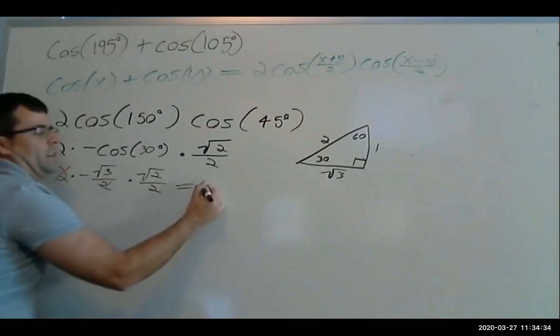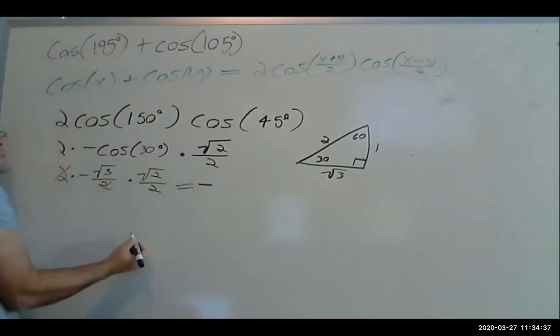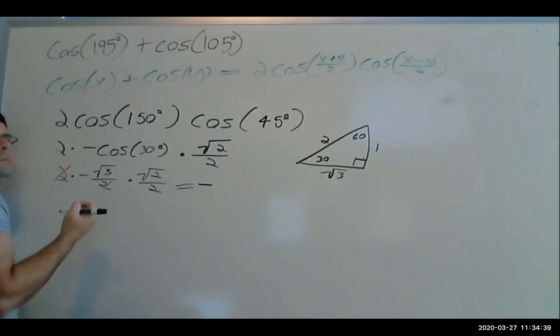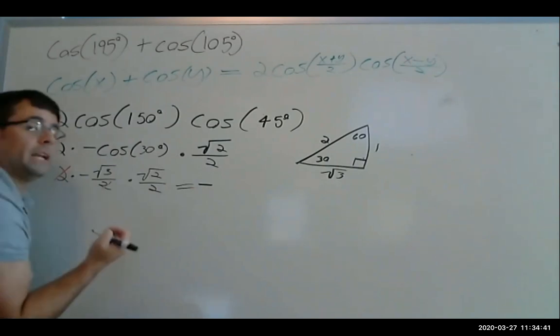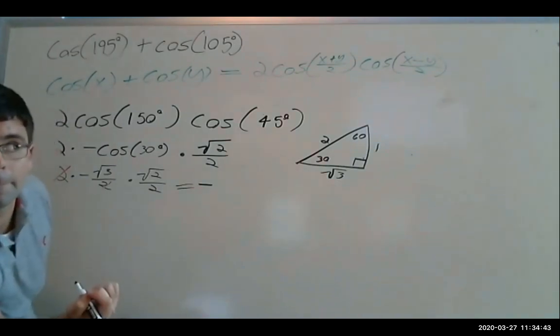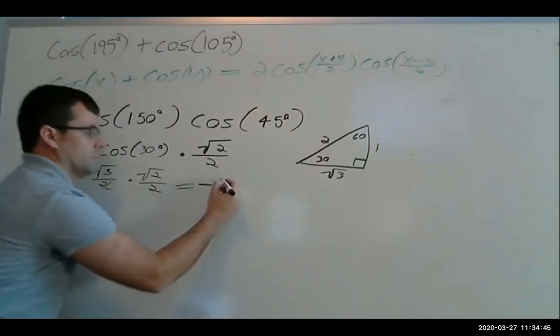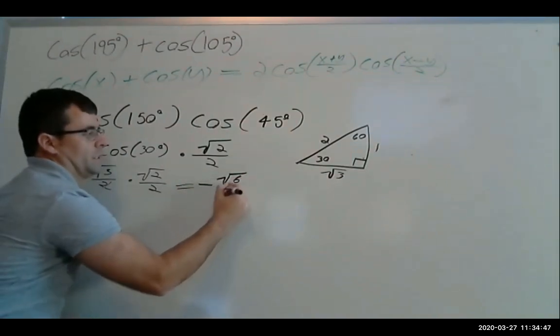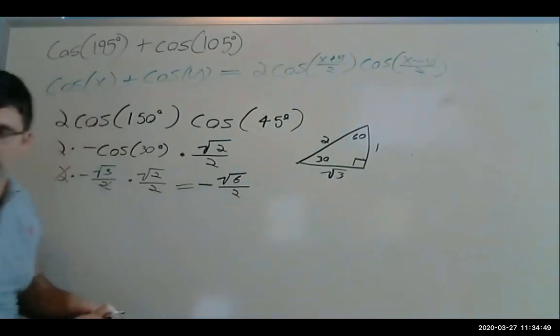There's a negative sign in there. So would it be negative √6/2? That's correct. Negative square root 6 over 2.